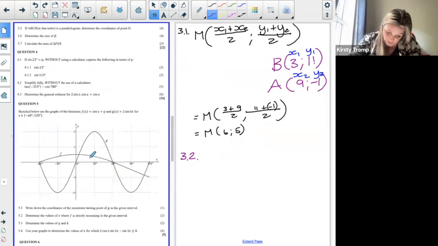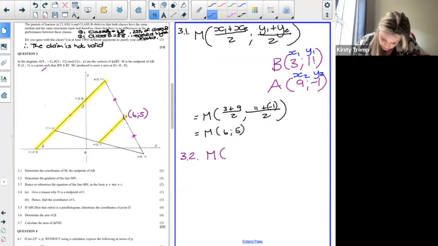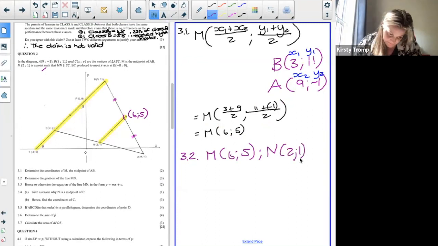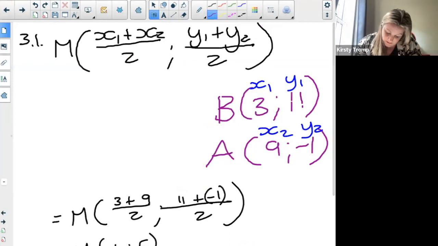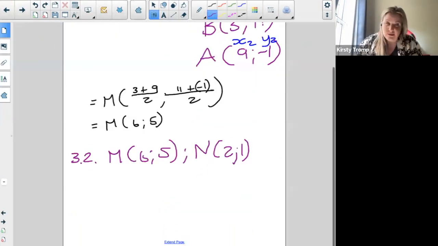I need to know M, which was the point (6; 5), and N, which was the point (2; 1). They want gradients. They're so kind to ask me for gradients, because gradients is one that I've been doing since grade 9, or maybe grade 8 for some of you.